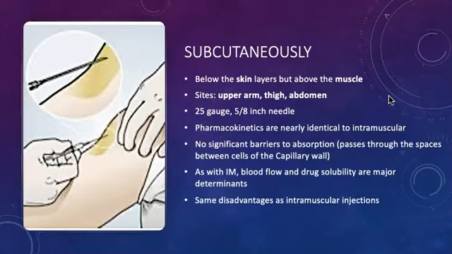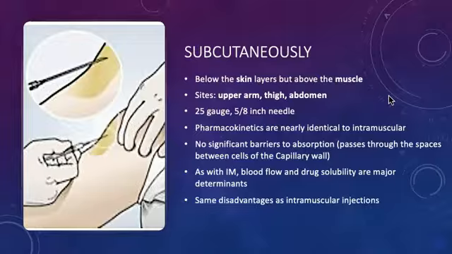And the pharmacokinetics are nearly identical to intramuscular medications, but you have to choose an area where there are no significant barriers to that absorption. So if you have a patient who may have cellulitis or big bruising or something like that, you really don't want to give sub-Q medications into those areas, because those areas have been compromised.